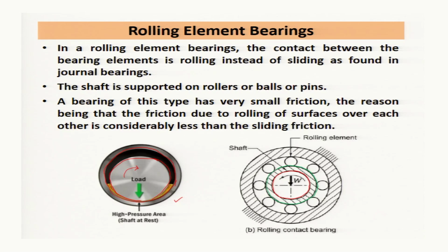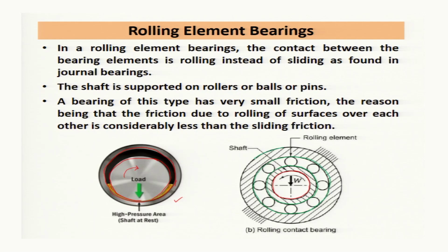This is called the inner race. Then the rolling element is there, and after the rolling element is another part of the bearing, which is called the outer race, which is again shown in hatch.